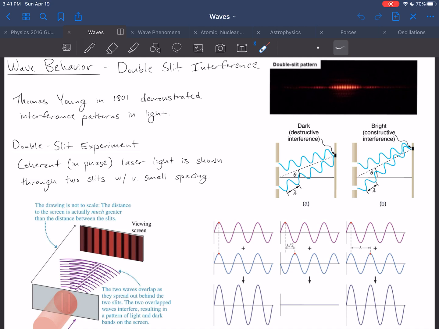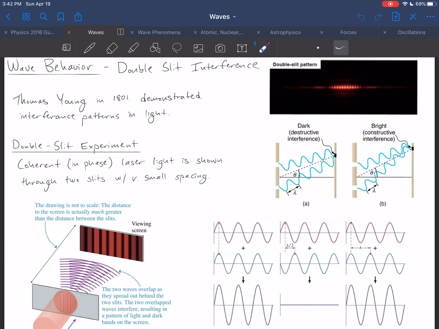And in fact, you're going to get a perfectly dark spot and perfect destructive interference if the extra distance the light from the lower slit has to go is exactly half a wavelength, just like that. And if it's exactly half a wavelength, remember the two waves cancel out and you get destructive interference. So the extra distance that this lower wave has to travel is exactly half a wavelength.